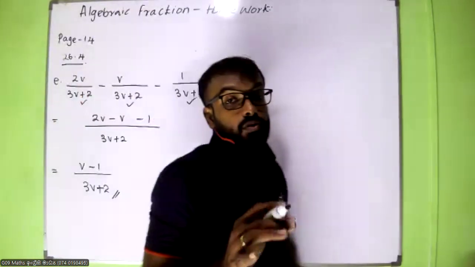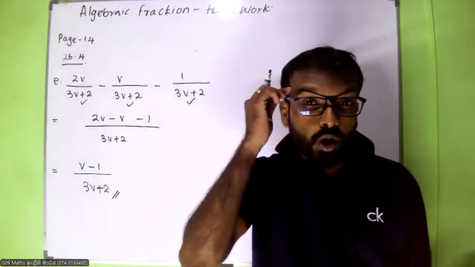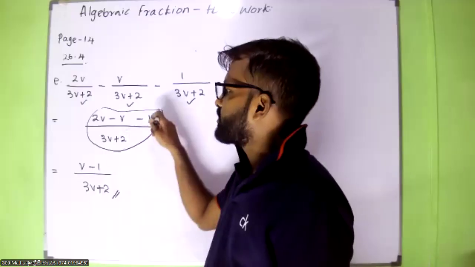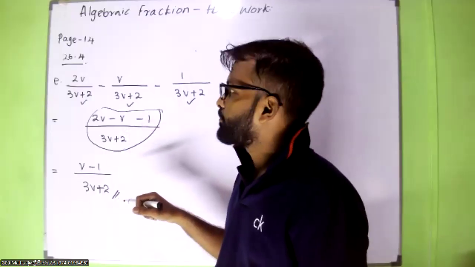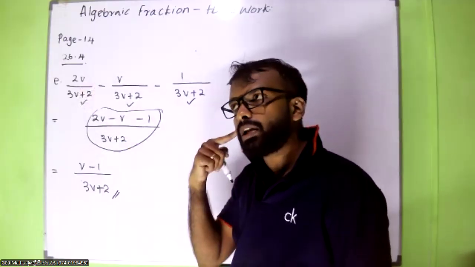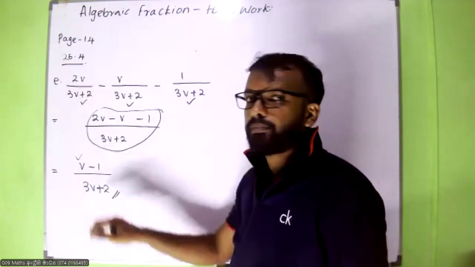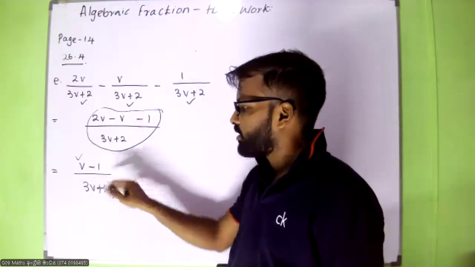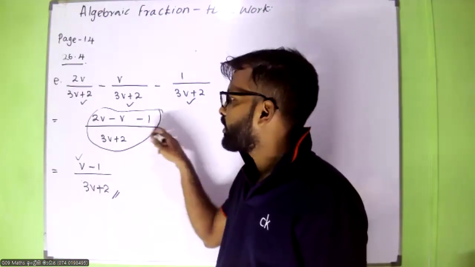If you are confident enough, you can skip this step. Why is that? 2v minus v is v, then minus 1. Done. No need to write this step.